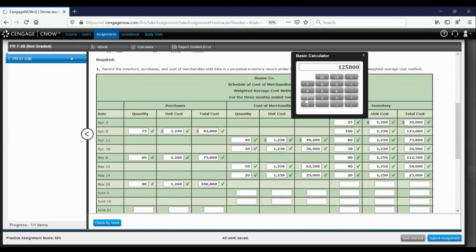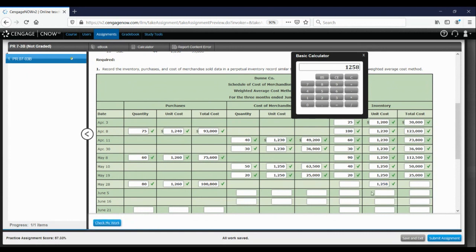That's a total of 100 units is going to be divided into the total cost, and that will give me a new weighted average cost per unit at $1,258.